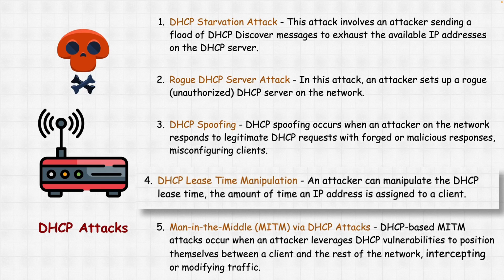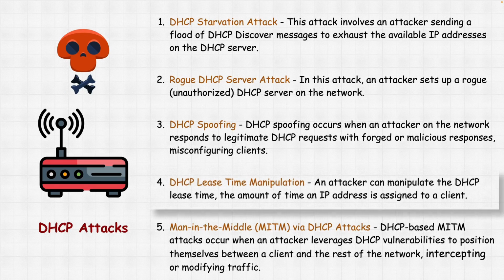On the other hand, setting a very long lease time may prevent legitimate clients from receiving a new IP address when needed. This attack can degrade network performance, increase the load on the DHCP server, or prevent clients from renewing IP leases, resulting in service interruptions.